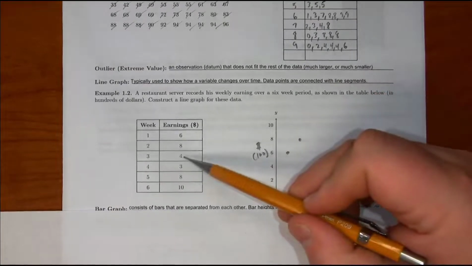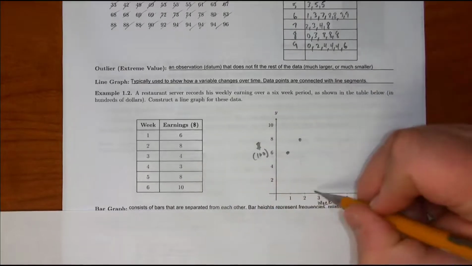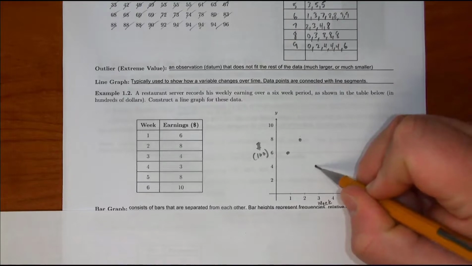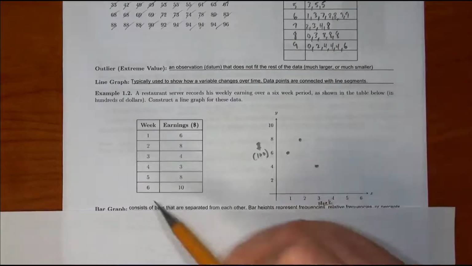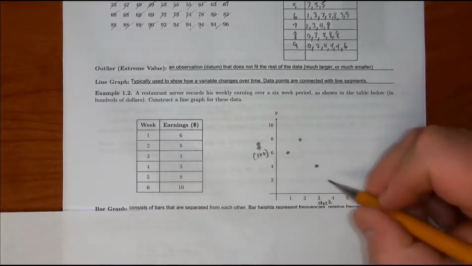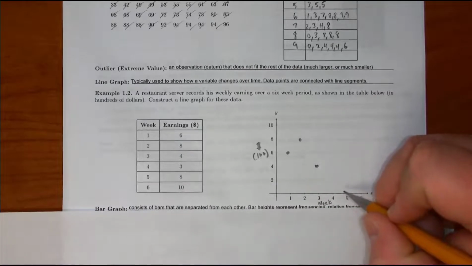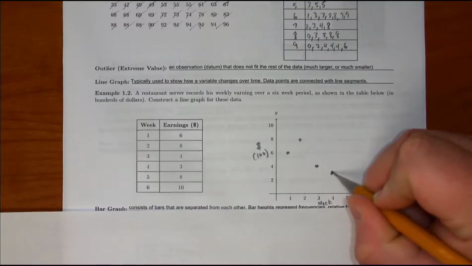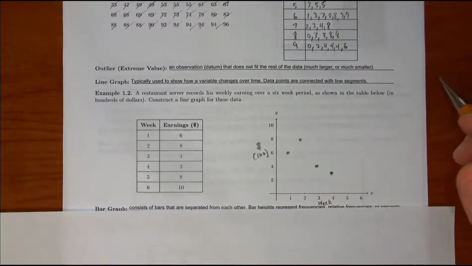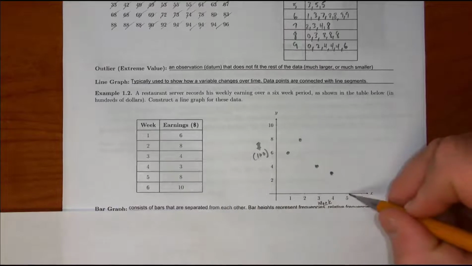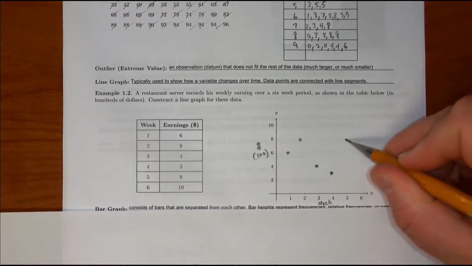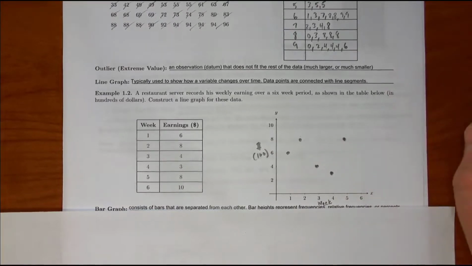Week 3 was $400, so maybe somewhere about like that. Then week 4 was 300, so that's down even a little bit lower. Then week 5 was back to 800, so 5 on the x-axis, and back up to that same height. Again, we can't be absolutely perfect here. We're just doing a rough approximation.